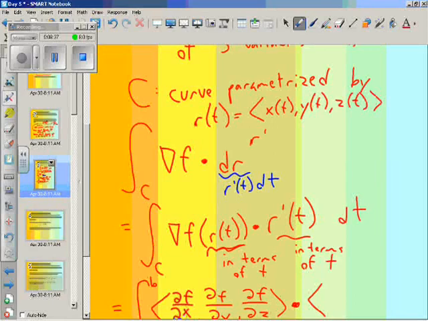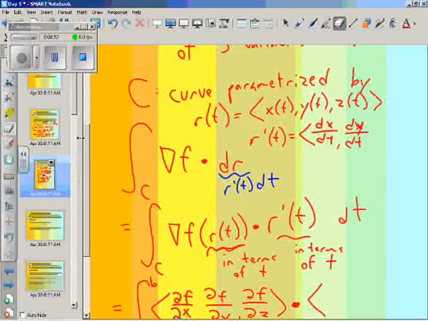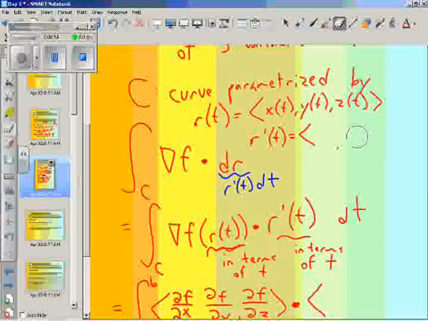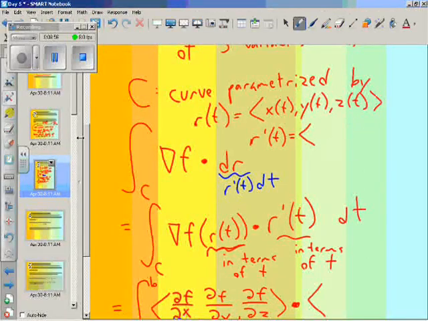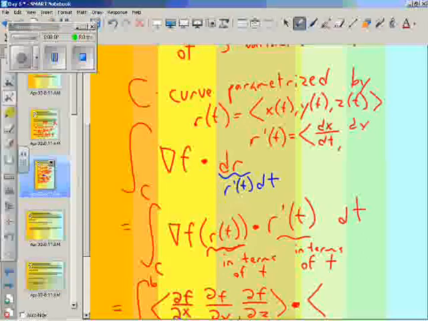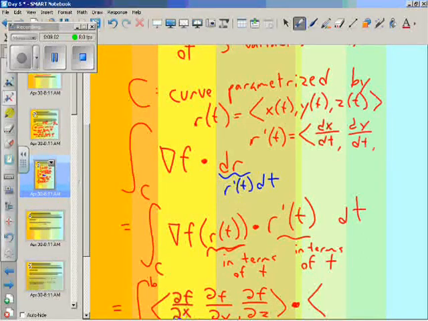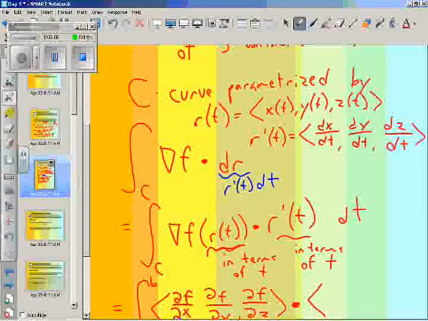So r prime of t is just going to be the derivative of x with respect to t, and then the derivative of y with respect to t, and then the derivative of z with respect to t.